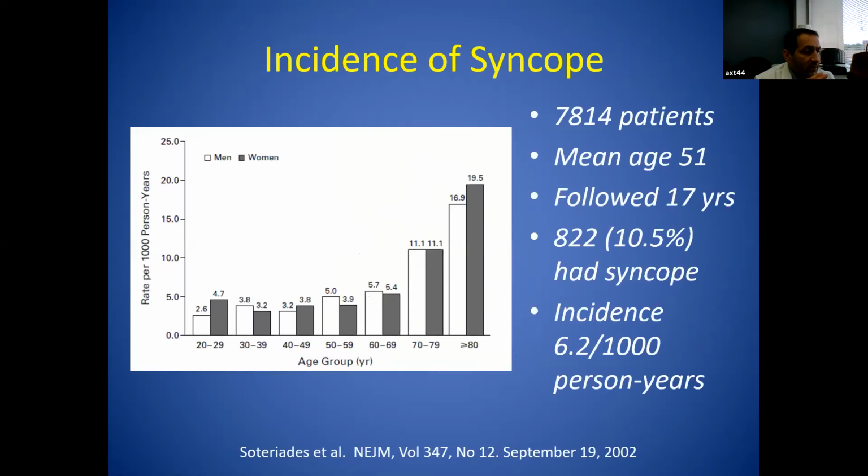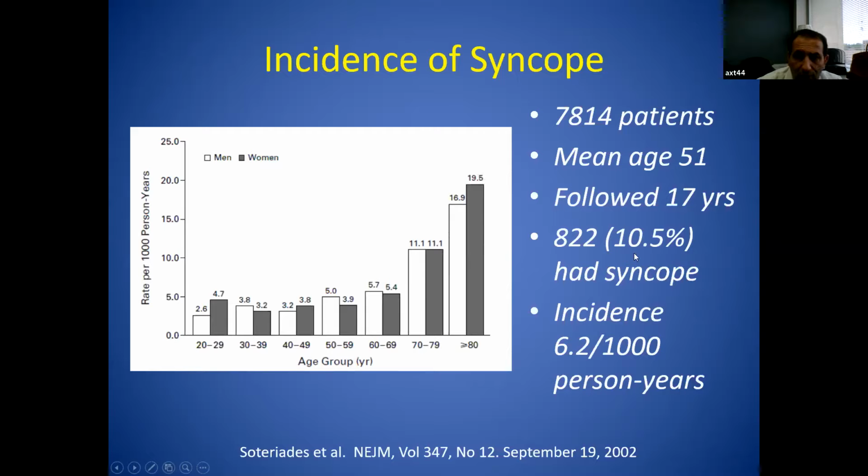This slide is from a study that was published in 2002. It's part of a Framingham study, and they looked at patients for nearly 17 years of follow-up. And the incidence of syncope is pretty equivalent between men and women. There is some variation depending on age, but I guess the greatest message of this slide is that as we progress through life, the incidence of syncope increases.